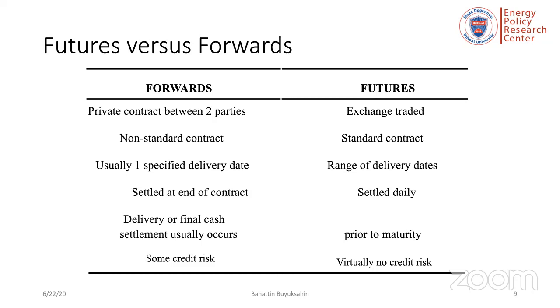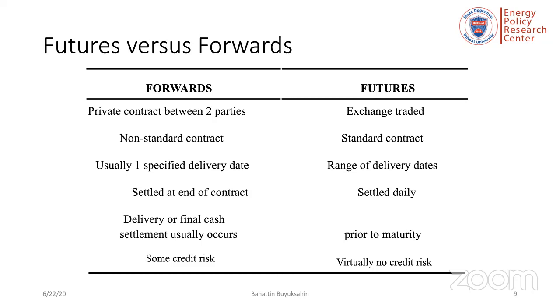They are totally standardized. You cannot deviate from the contract specification. In a forward contract, usually there is one specified delivery date, and in the futures contract, as opposed, it's a range of delivery dates. If you look at the WTI contract, we have monthly contracts for 10 years, more than 10 years actually.